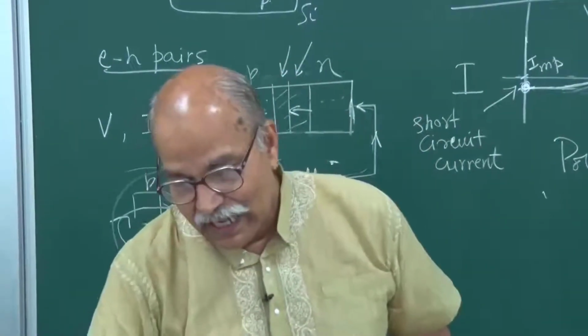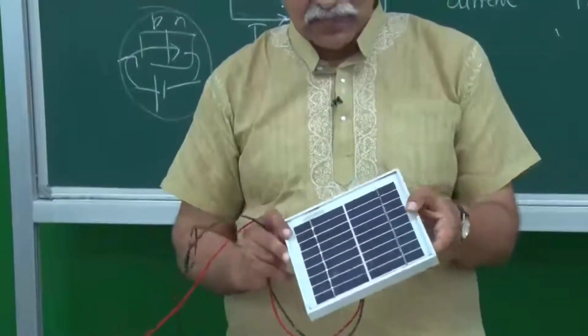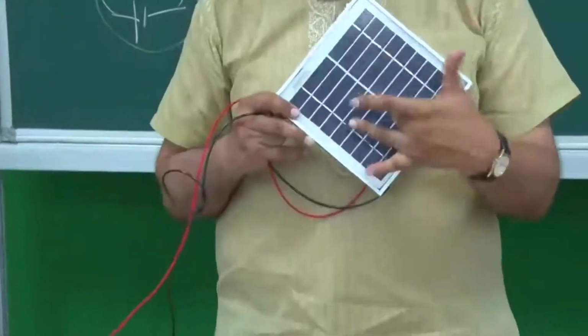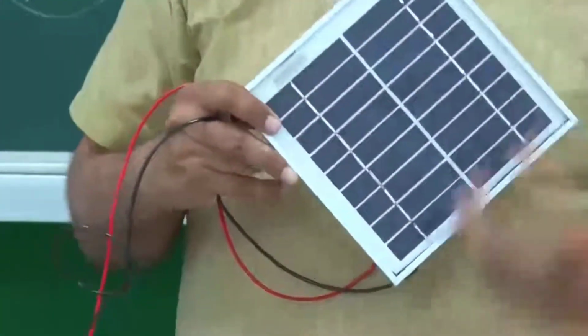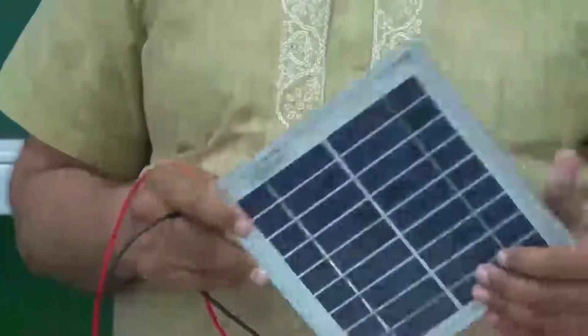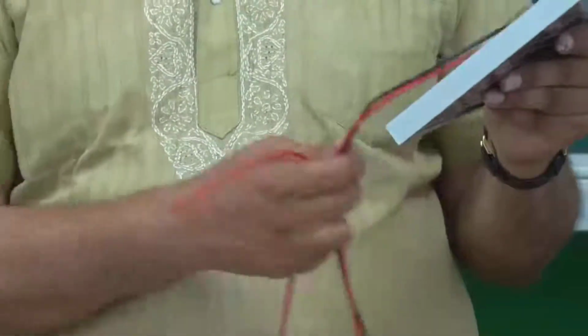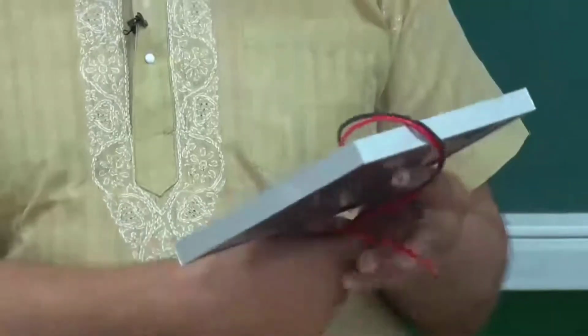So, I have a solar panel for you. This is a solar panel. A panel means a combination of all those solar cells in series and parallel and all those things. And on the other side, we have these two wires coming out, and I can show you the specifications also.